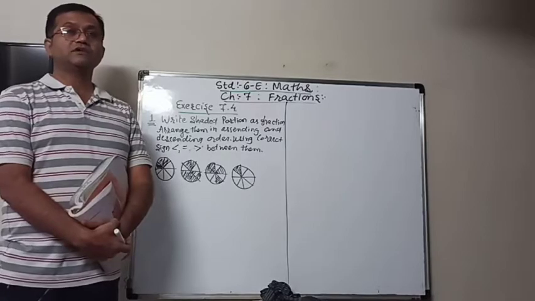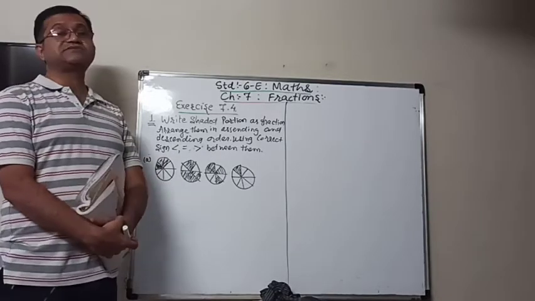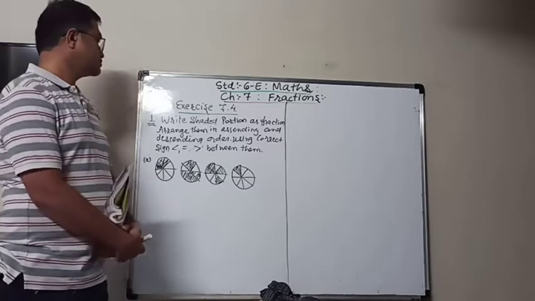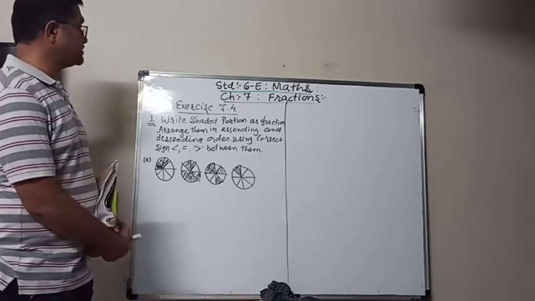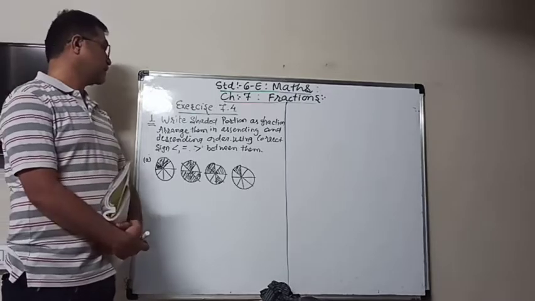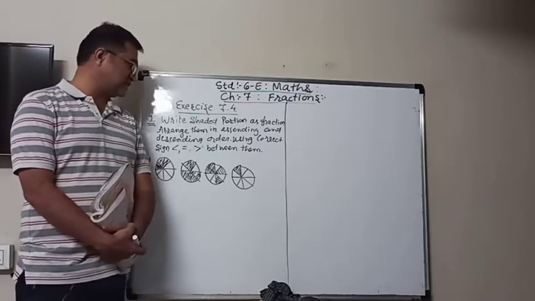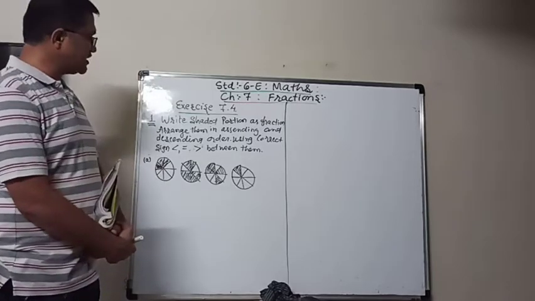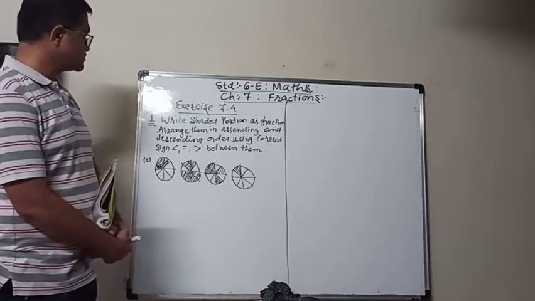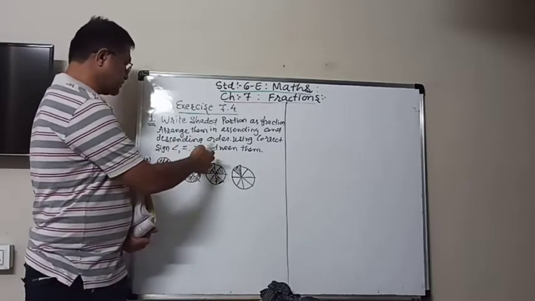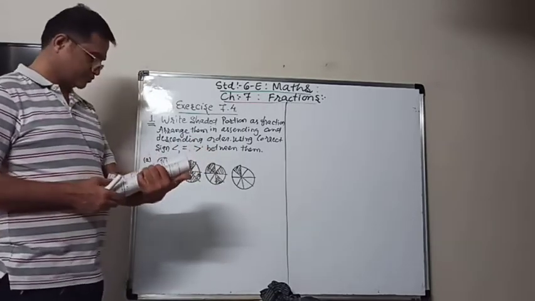So now we will do exercise 7.4, in which the first question is to write the shaded portion as fractions. Arrange them in ascending and descending order using the correct sign, less than, equal to, greater than, between them.